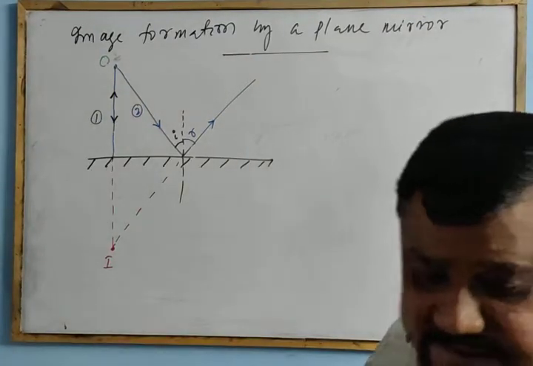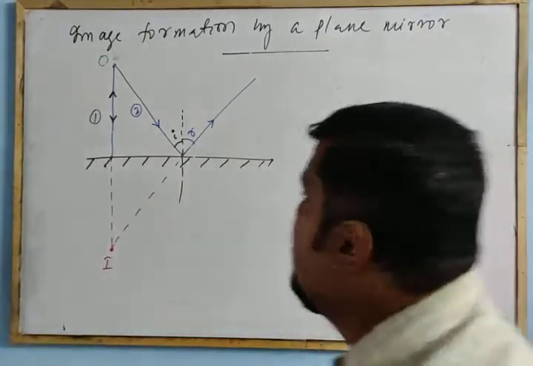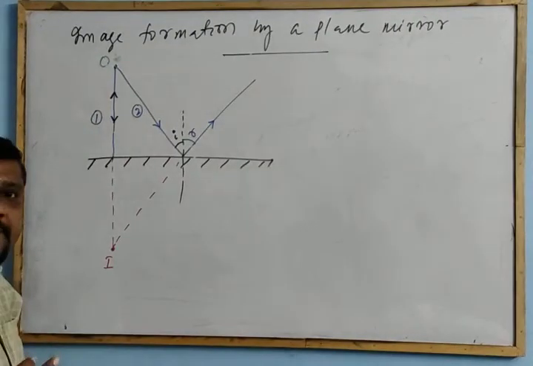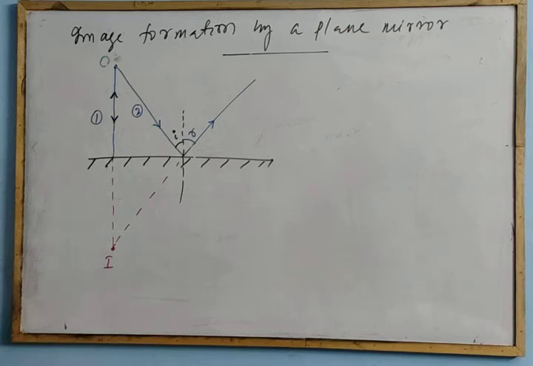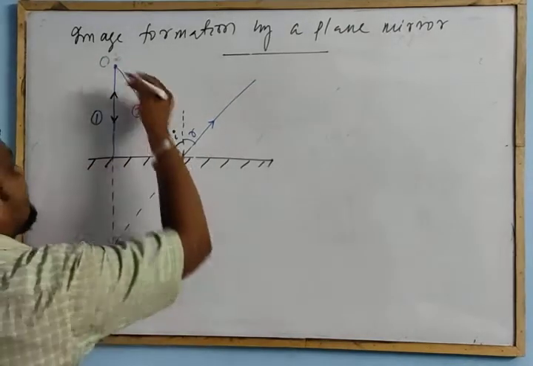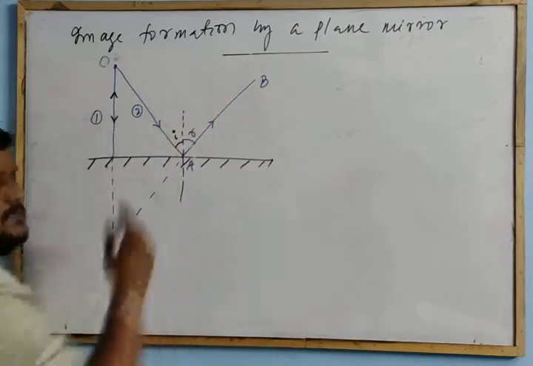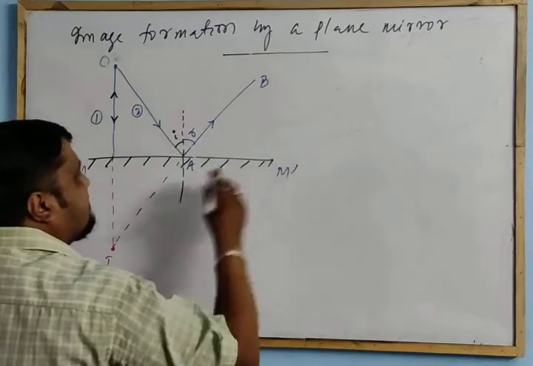Okay. So this is the method of drawing or tracing the reflection by a plane mirror, or image formation by a plane mirror. So O is the object and I is the image. You can give the names also: here O, A, B, and this is suppose your M dash.